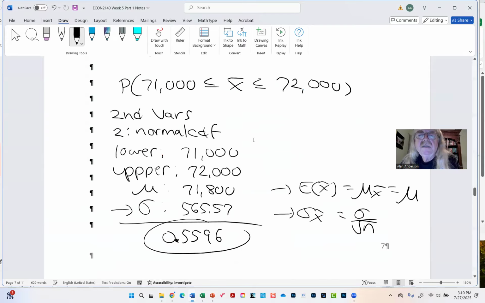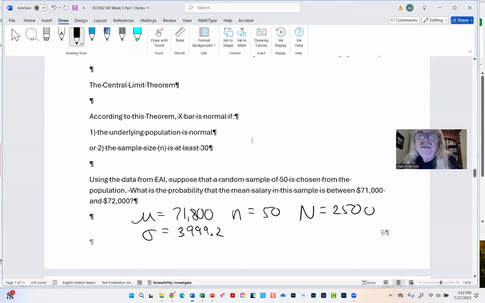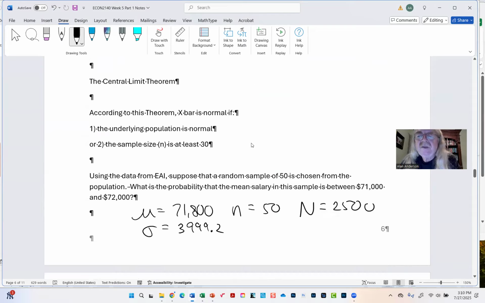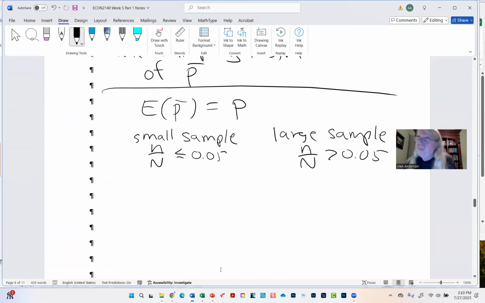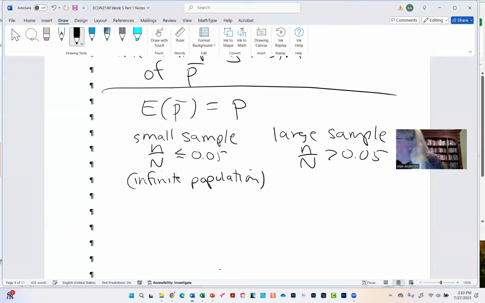It's the same decision. But what's different is the formulas. Remember, small sample means infinite population. And large sample, of course, means finite population.